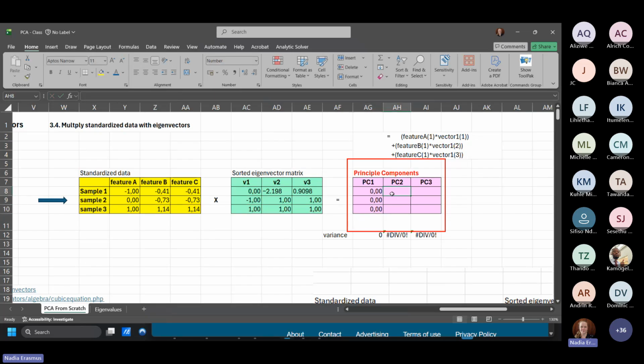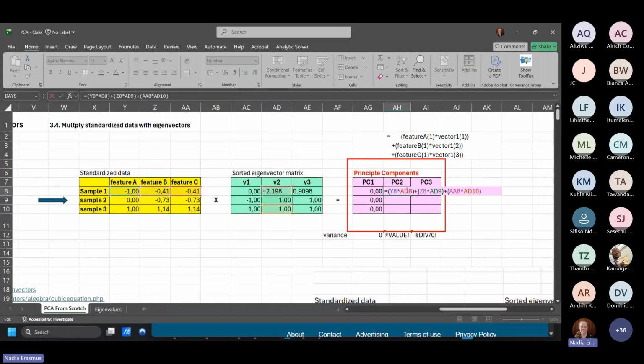Yes, okay. And then we can do it for vector 2. So we have vector 2 as feature 1 multiplied by vector 1 plus feature B multiplied by the second value in vector 2 plus feature C multiplied by the third value in the vector.